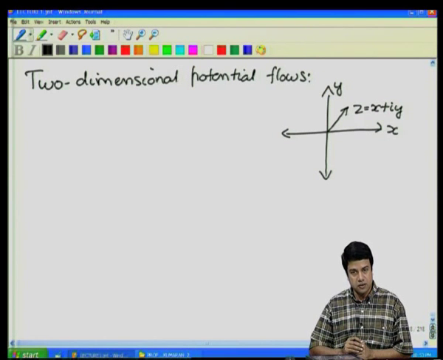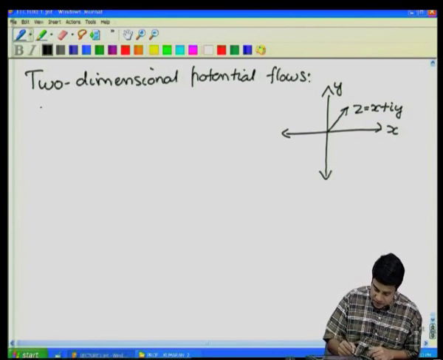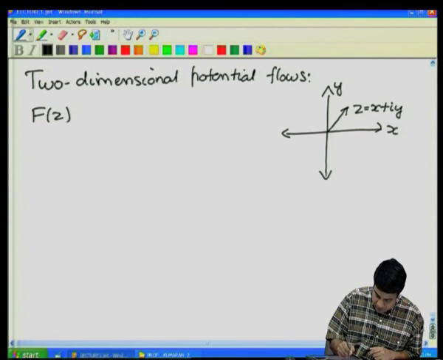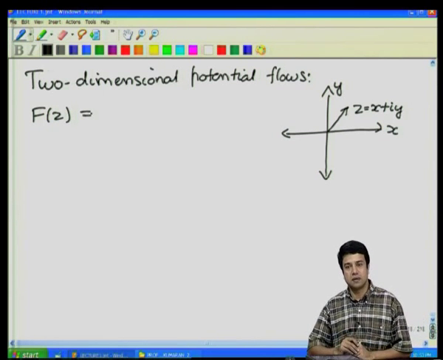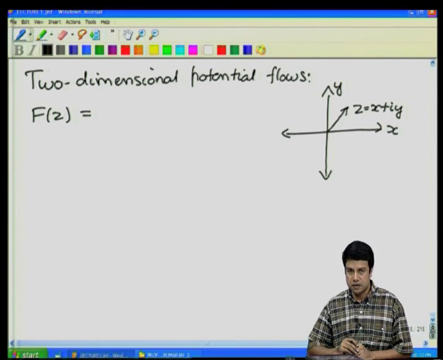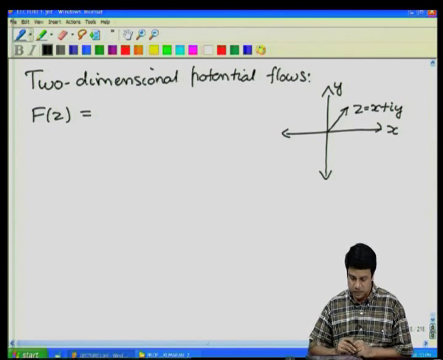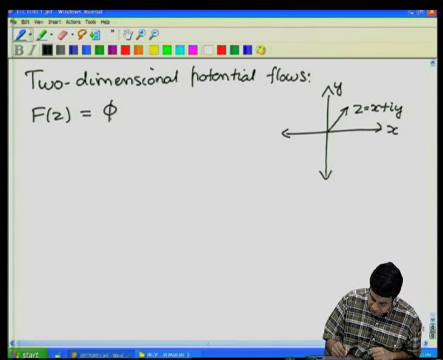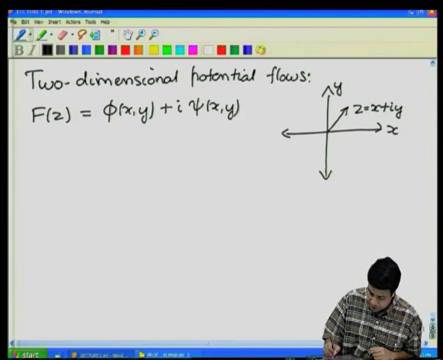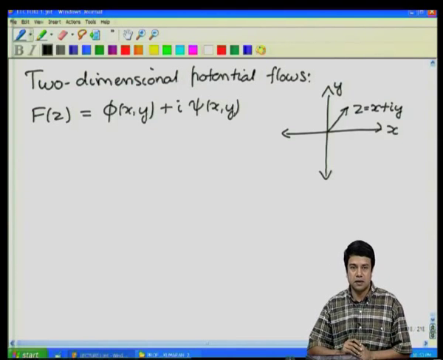And as I showed you in the previous lecture, any function f of z is in general a complex function; it has a real part and an imaginary part. It can be written as phi of x y plus i times psi of x y, where phi and psi are the real and imaginary parts of this function f.